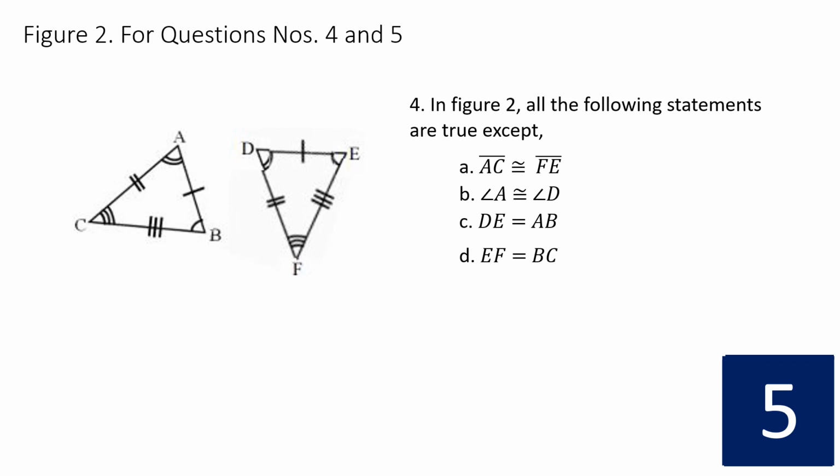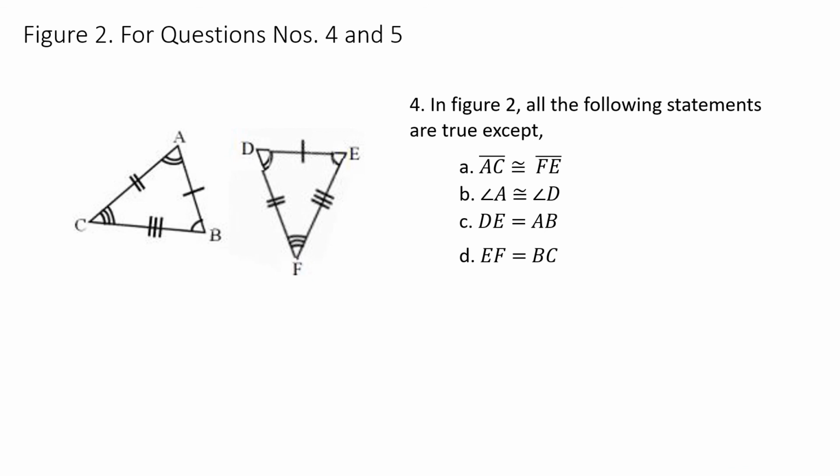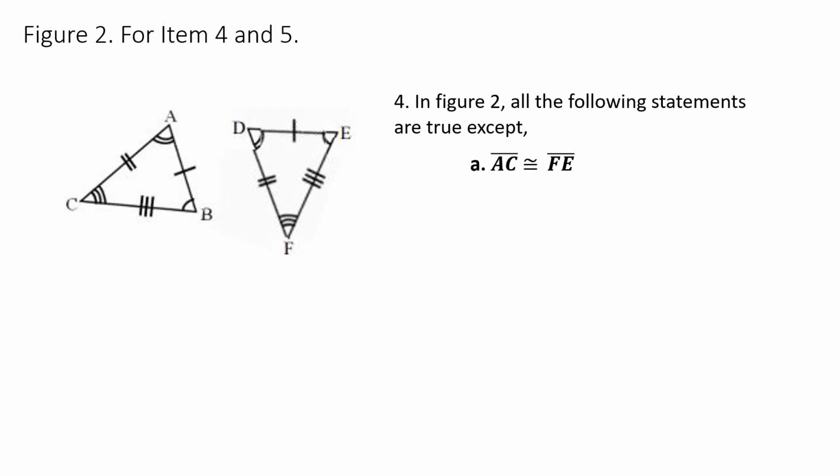Your 5 seconds starts now. Okay, what is the answer? Okay, very good. All the following statements are true except segment AC is congruent to segment FE, because they are not congruent since they are not corresponding sides. Very good.